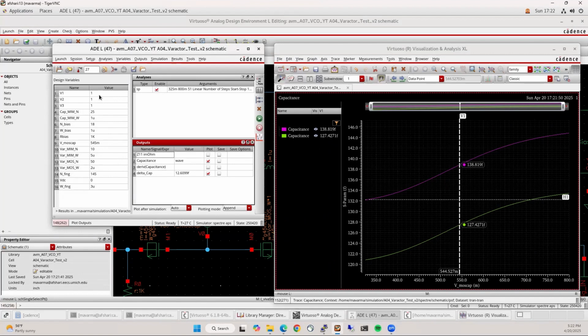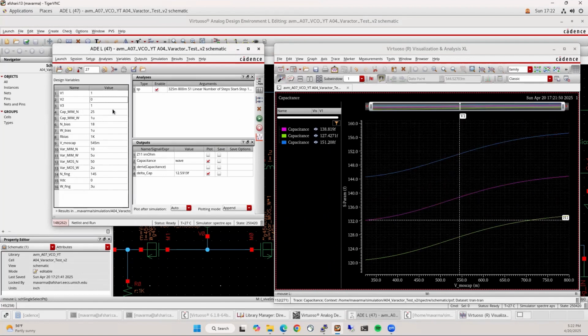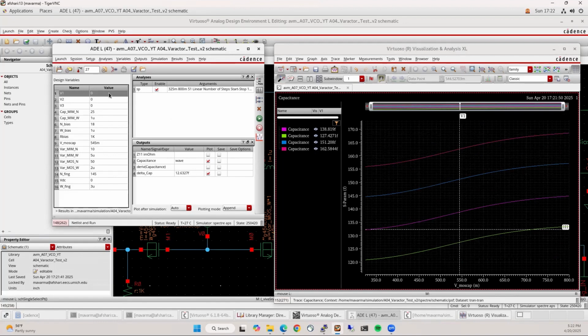So let's actually look at all the bits. So this is when it's completely off. We already have that one. That's the next. Zero, zero, right?